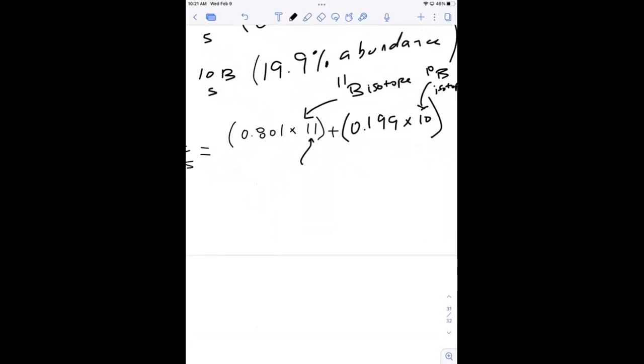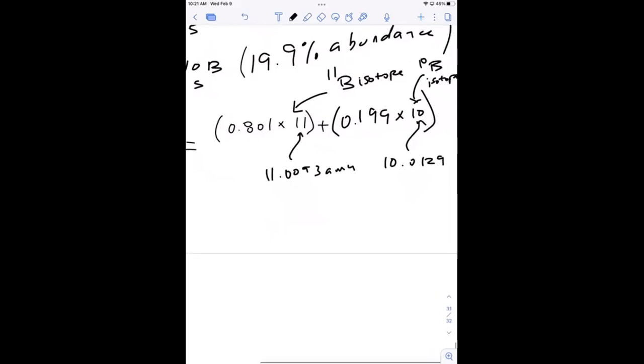This is 11.0093, and this is 10.0129, and it's in atomic mass units. So those are the numbers that you'll use to calculate those more precise numbers times the fraction. Anybody got it yet?